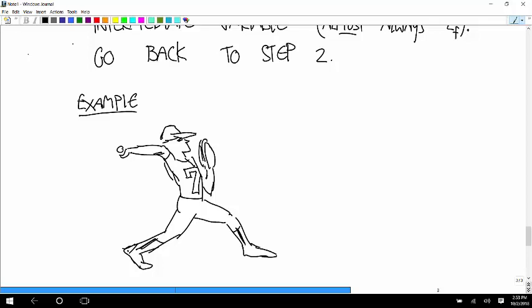Okay, so let's say he's going to release the ball here, and then the ball is going to go like this. And let's say that the instant it leaves his hand, it makes a 25-degree angle with the horizontal.